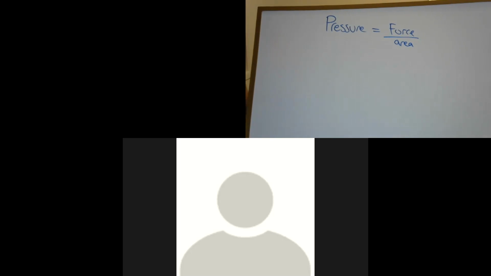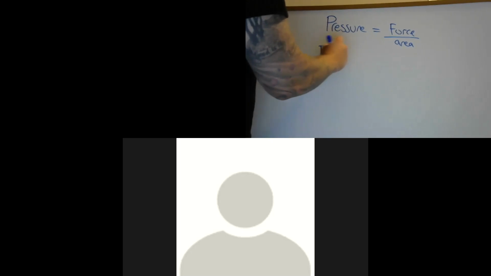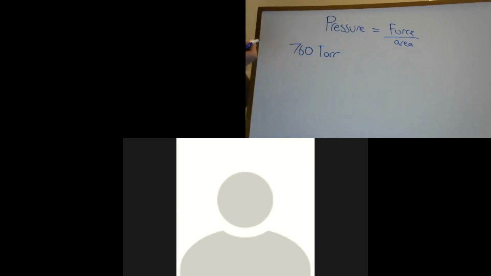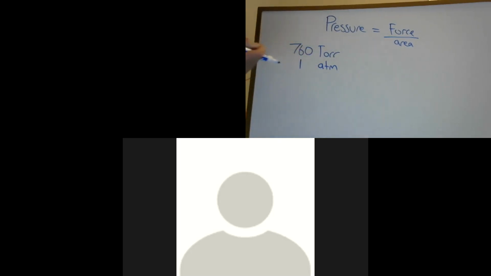We measure pressure in torr, so 760 torr, atmosphere, and kilopascals, or pascals.